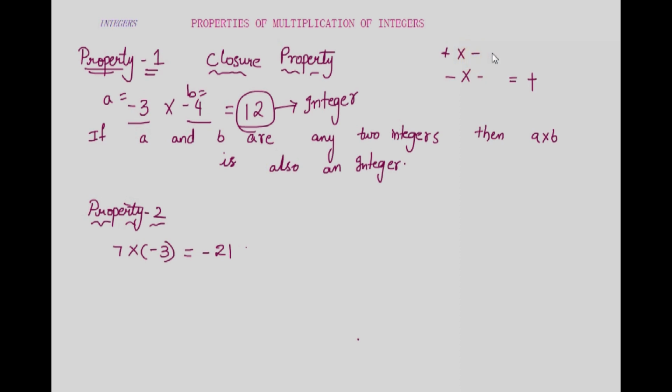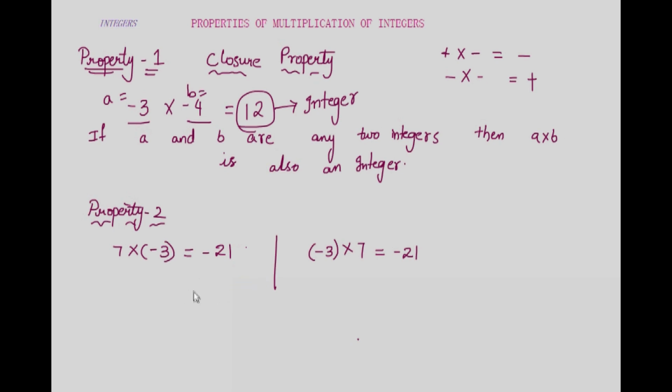Plus into minus is equal to minus. 7 into -3 is equal to -21, and same like that -3 into 7 is equal to -21. Here also same, 3 into 7 is equal to 21, and minus into plus is equal to minus.